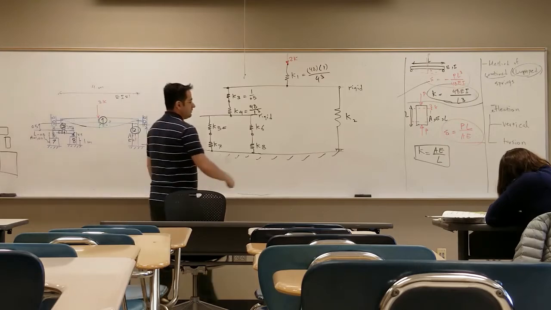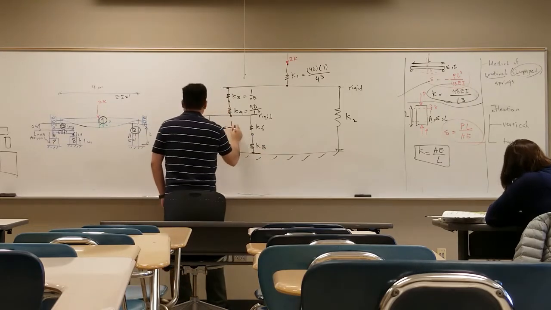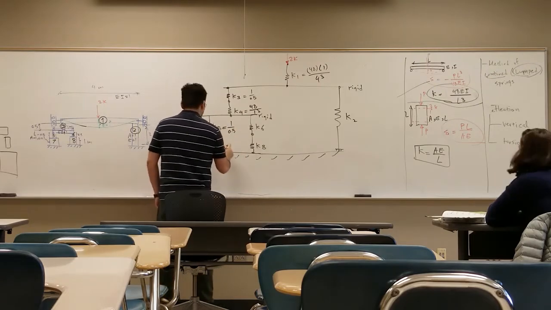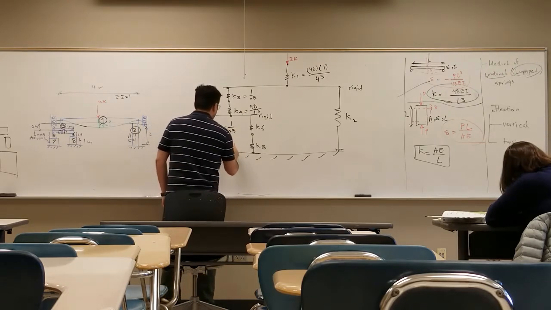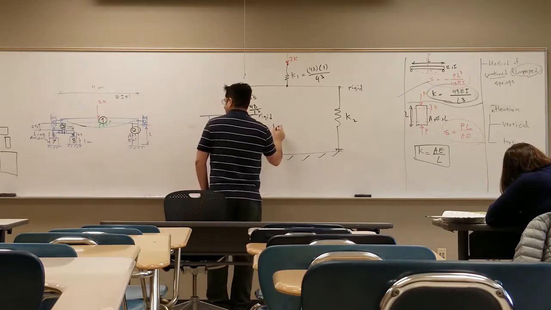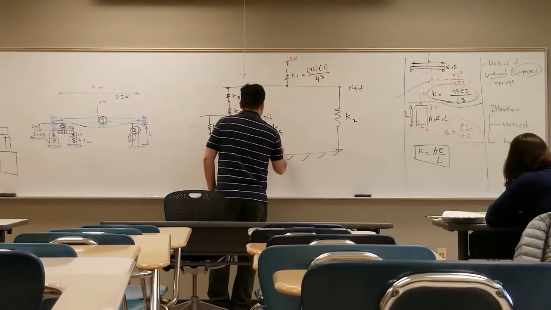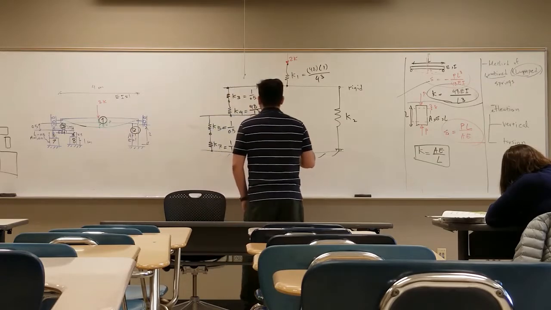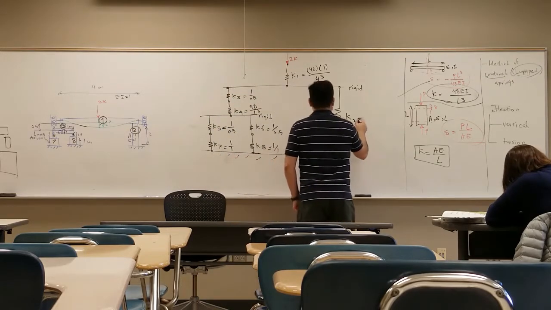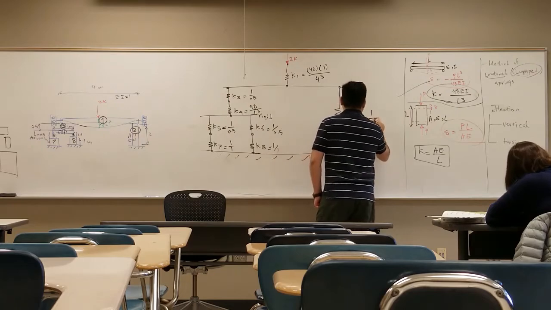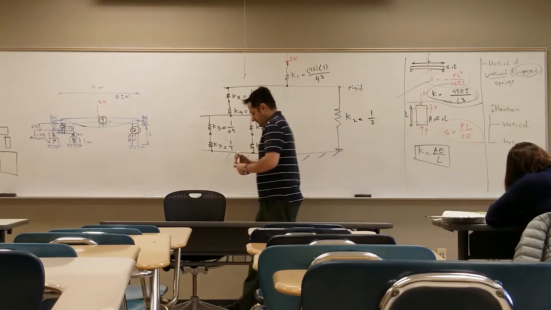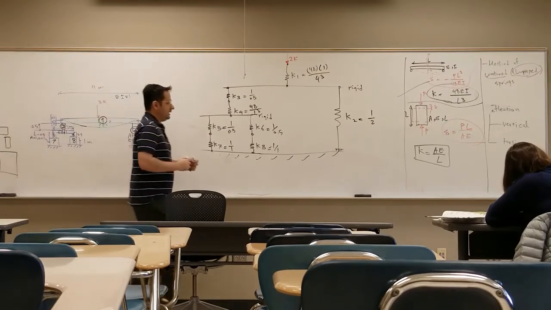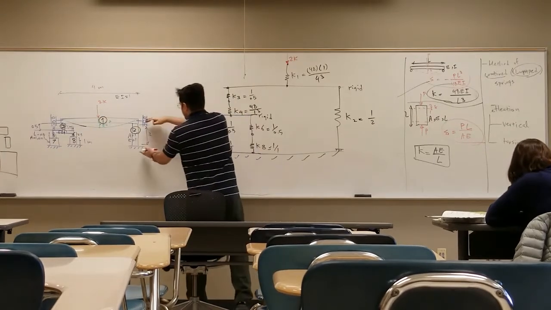So you still use AE over L as K7: 1 over 1, 1 over half, 1 over 1. And now we have everything, and this one is AE, 1 over 2. Right? A over L. L is 2 from here to here.